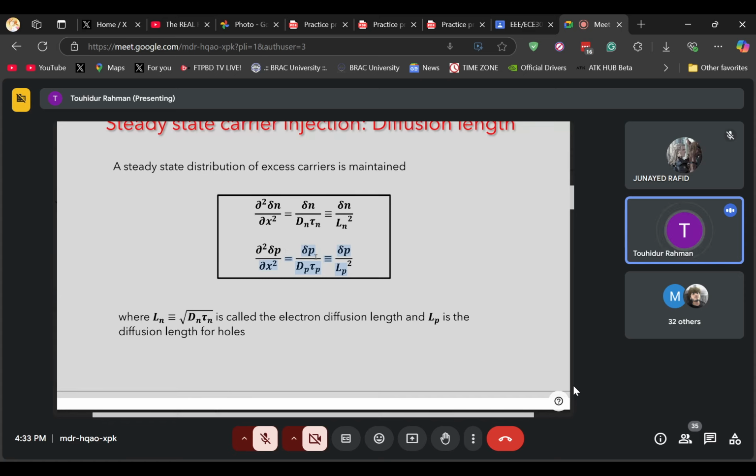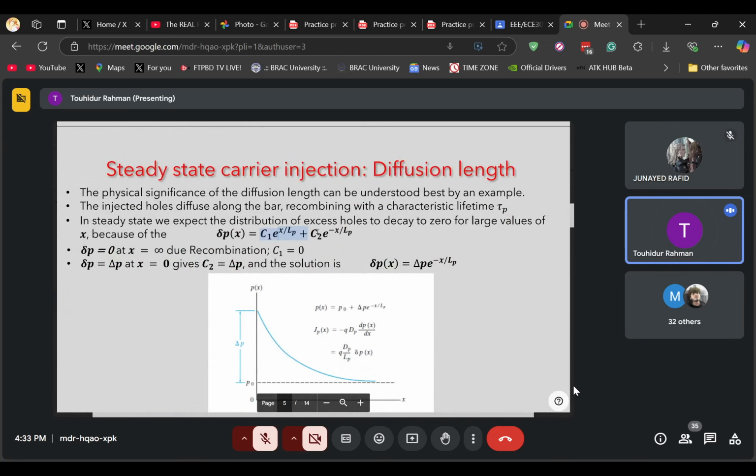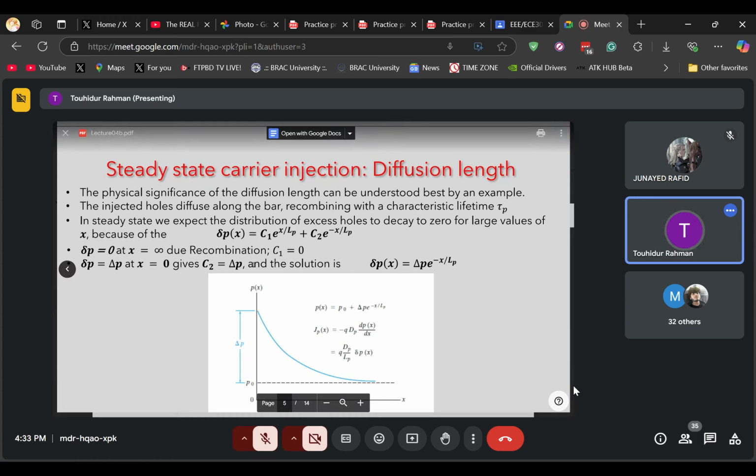If we have this kind of equation, the solution is an exponential function. Since we want to start with the general form, it can go in the minus x direction or in the plus x direction also. So we consider everything. Then we will apply our boundary condition and we'll see what happens.